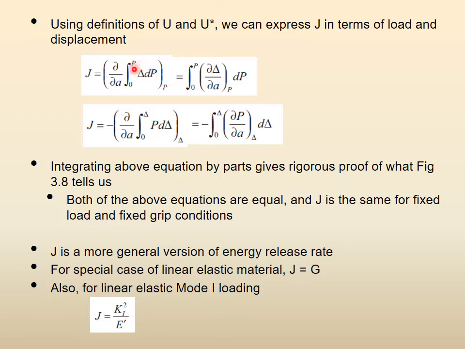So you initially define this much, U or U star, and then you take the partial derivative with respect to the area. Remember, this area is the capital A, but if we assume unit thickness capital B, the thickness of the specimen is unity, then capital A is a small a.